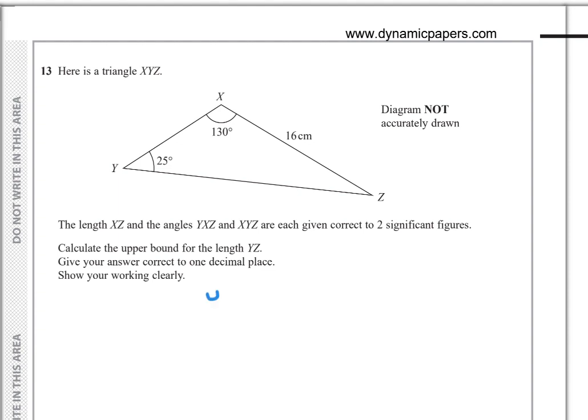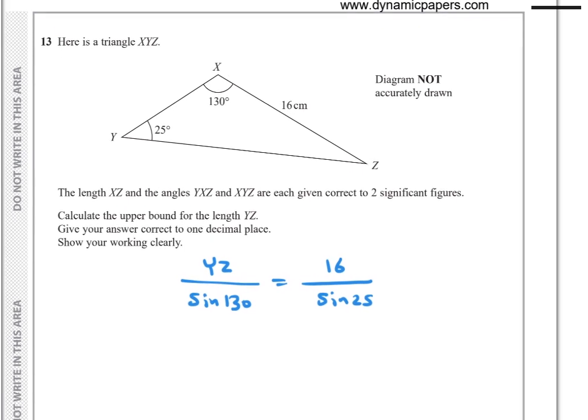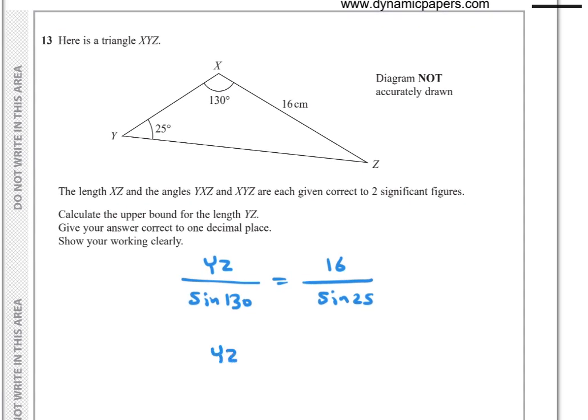So YZ over sine 130 equals 16 over sine 25. Then cross multiply, so YZ equals 16 sine 130 divided by sine 25.